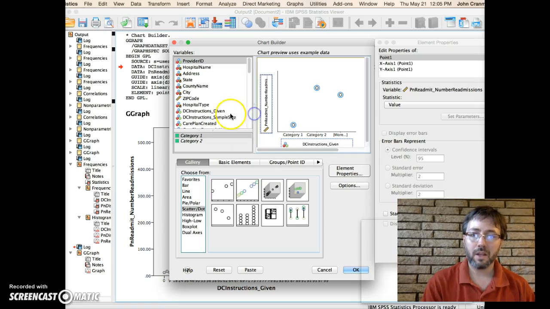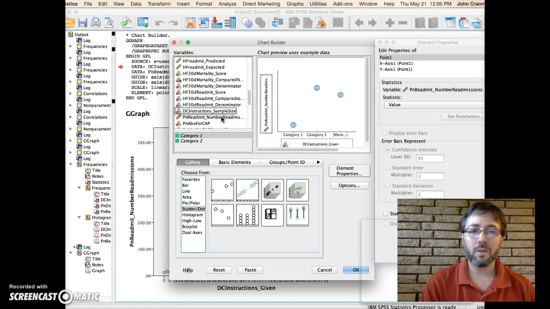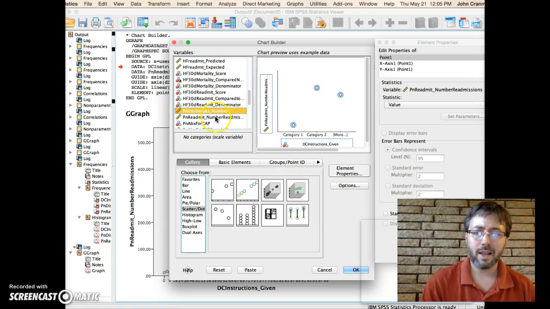We'll expand our variable view, scroll down to pneumonia, and say that we want to see how the number of pneumonia discharges on the x-axis could be used to predict or understand the number of pneumonia readmissions on the y-axis. Let's see what we find.